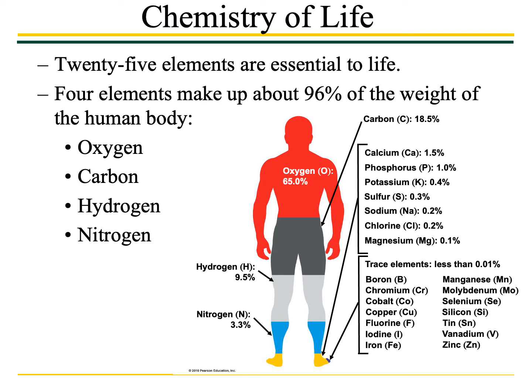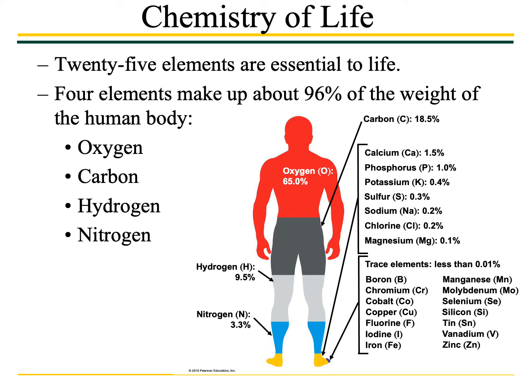So tying the elements back into a biological perspective, there are 25 elements that are essential to life, meaning that they are required in order for organisms to remain alive and survive. 4 of those elements make up about 96% of the weight of a human body and actually just about any other type of organism in question, or most living organisms.